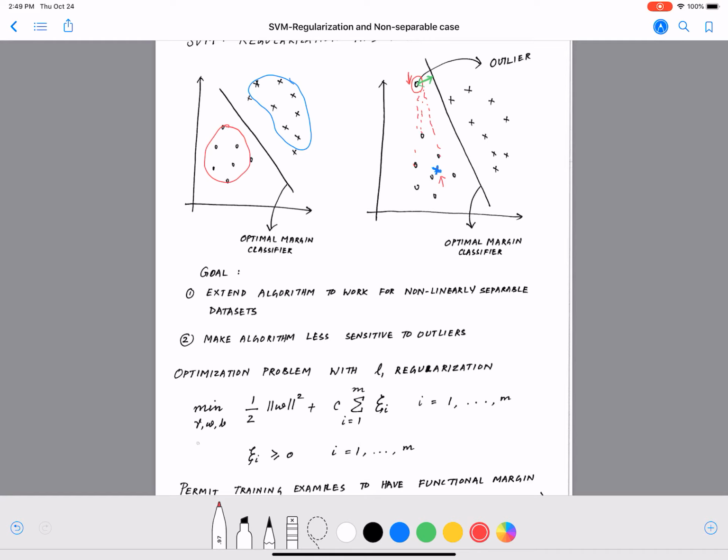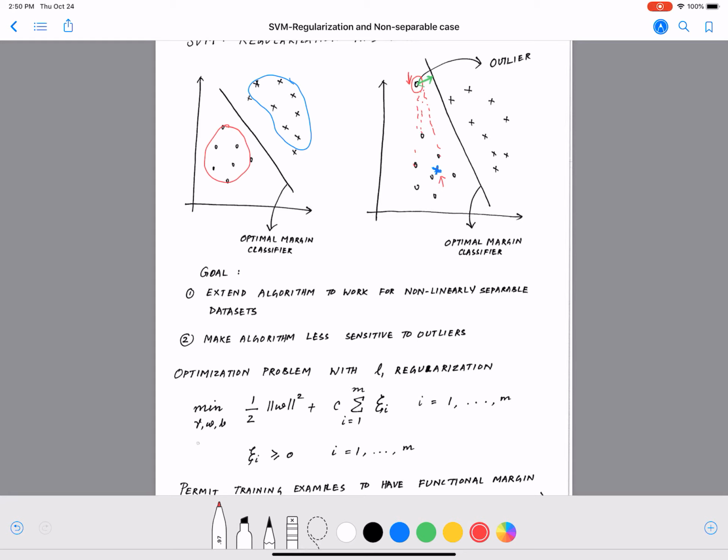So our extension covers all these points. Our extension of SVMs using regularization makes the algorithm less sensitive to outliers, extends it to work for non-linearly separable data sets, and in general also helps with overfitting, right?